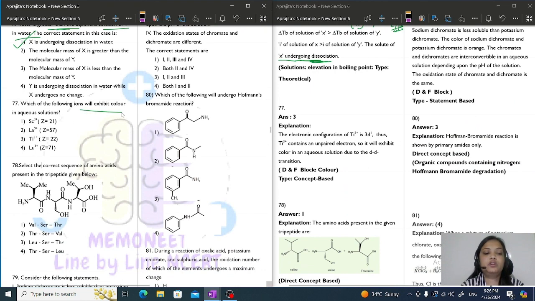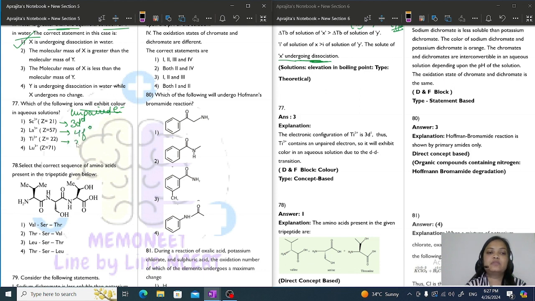Which of the following ions will exhibit color in aqueous solution? You know that color is exhibited if there is an unpaired electron present. In Sc3+ it's 3d0. In La3+ it's 4f0.